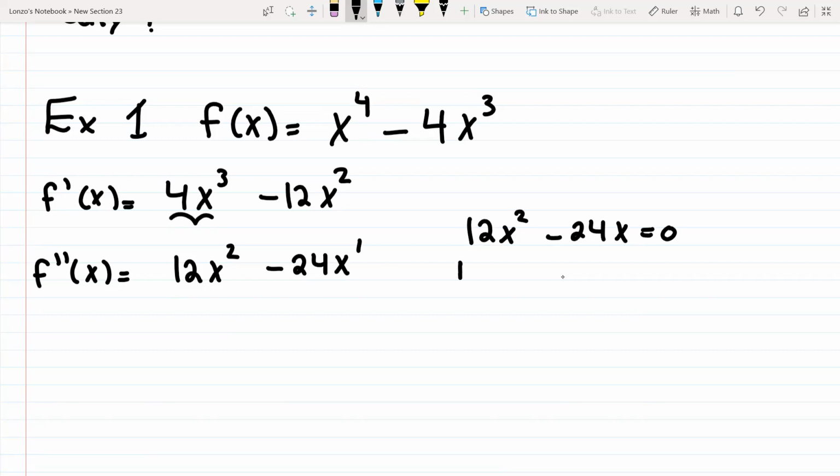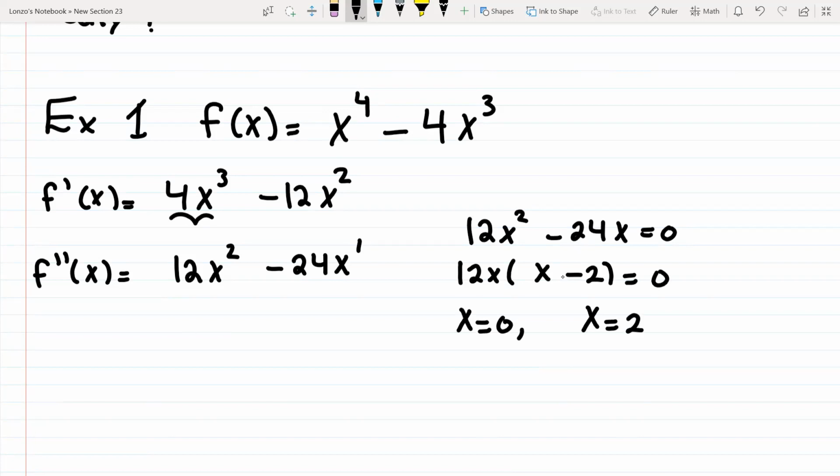I could take out a 12x, and then you're going to get x equals 0 and then x equals 2.